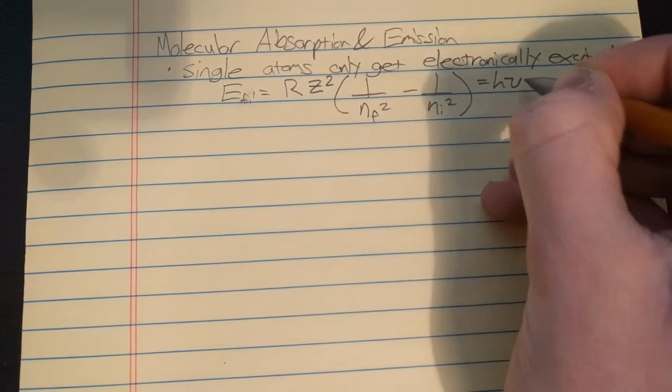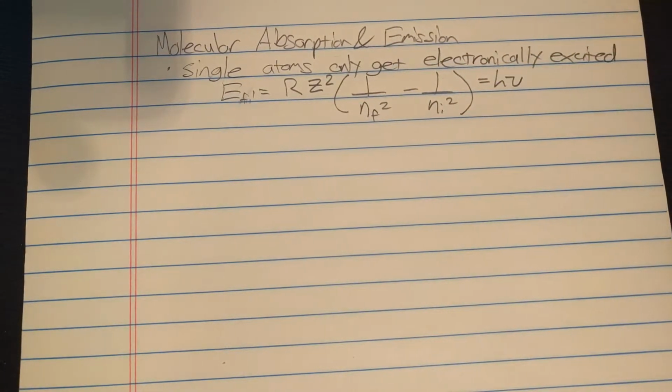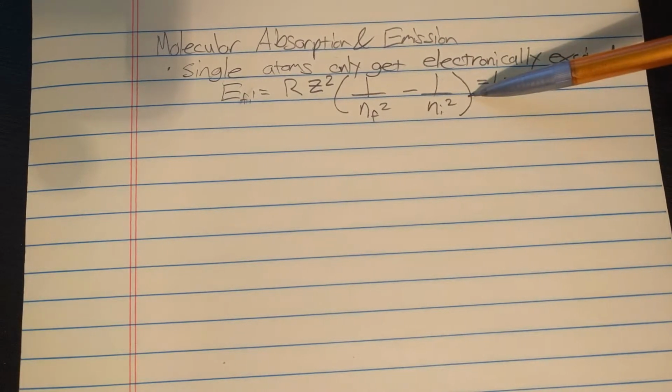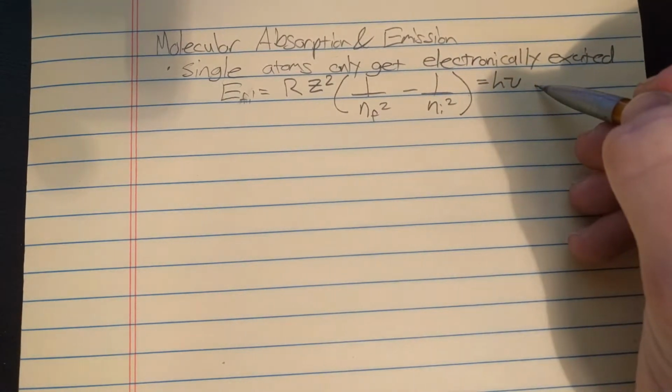If that equals the frequency of light you're shooting times some constant, then you're going to electronically excite the atom. And this is for 1 electron atoms.